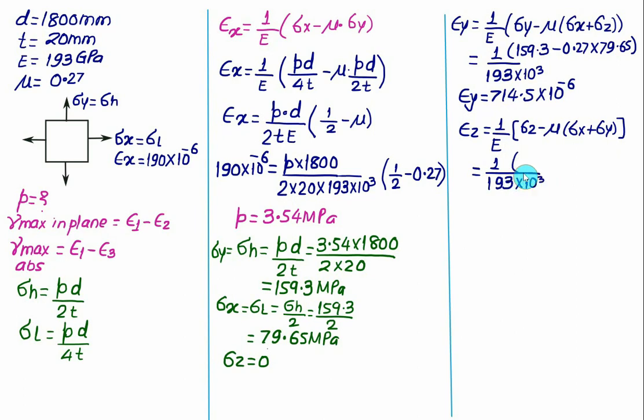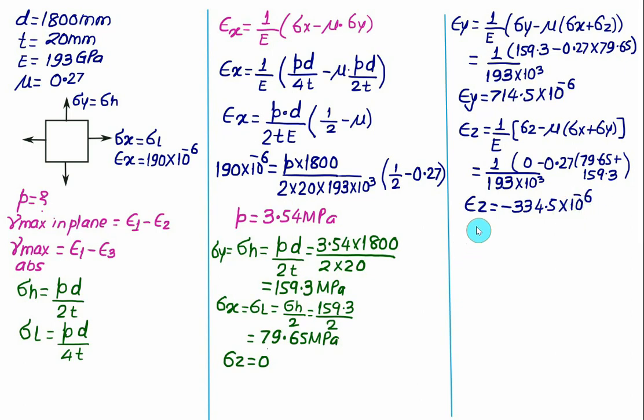Sigma z equal to 0 minus mu, 0.27, into sigma x, which is 79.65, plus 159.3. Solve this, we'll get epsilon z as a negative value, epsilon z equal to minus 334.5 into 10 to the power minus 6.